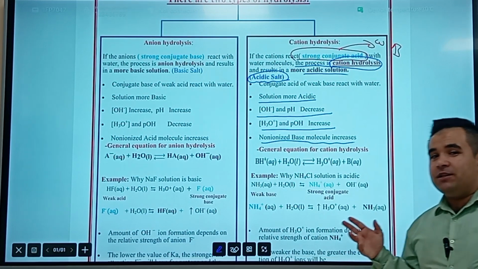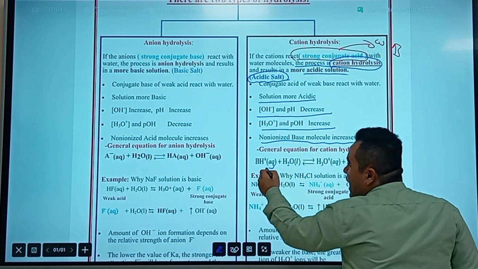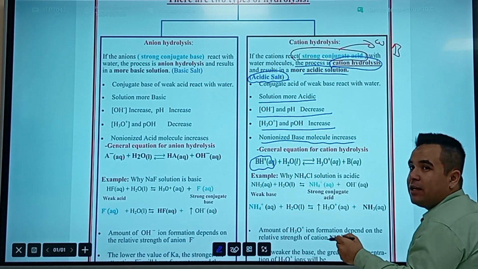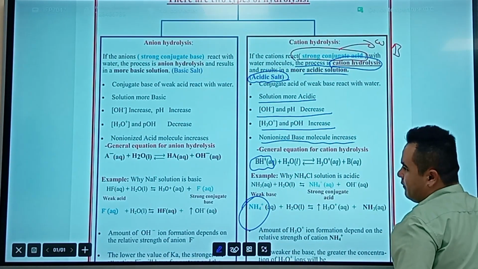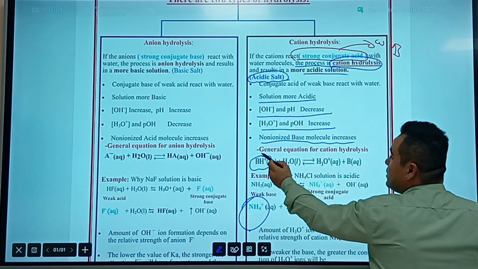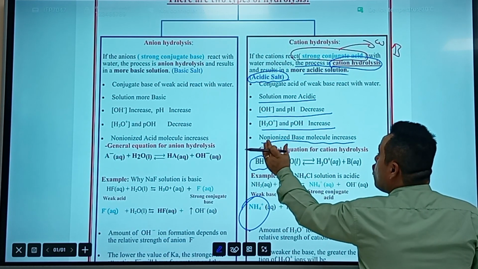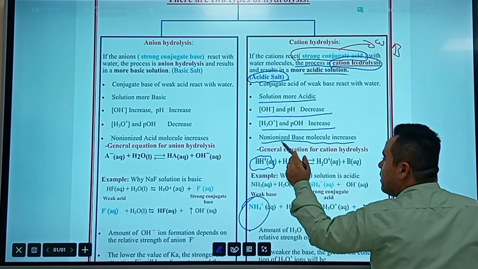What's the general representation for the equation of cation hydrolysis? BH positive represents the cation in hydrolysis, like NH4 positive, guys. Here we have got an example. When it reacts with water, what does it do? It acts as a strong conjugate acid because it comes from a weak base.